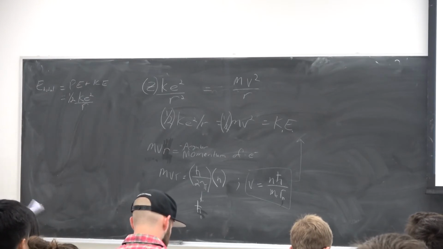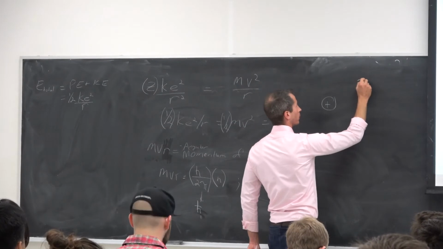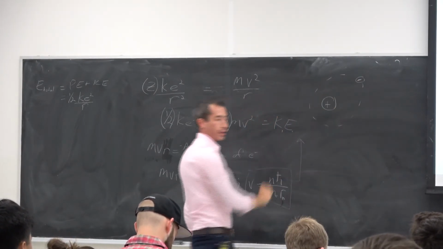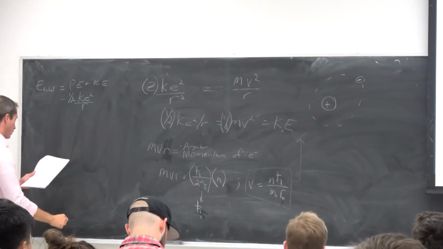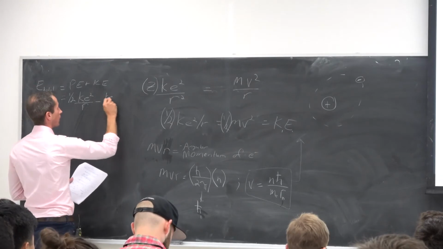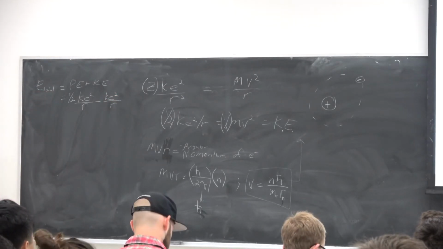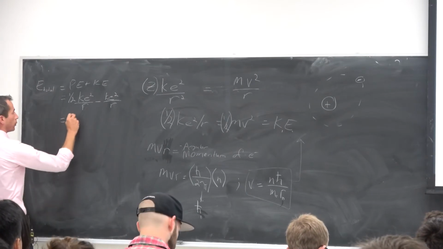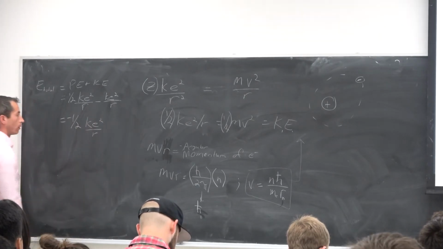And in this situation, we're writing our potential energy as negative because of this potential difference, right? So this is going to be a negative k e squared over r. So this is just a simple negative 1/2 k e squared over r.